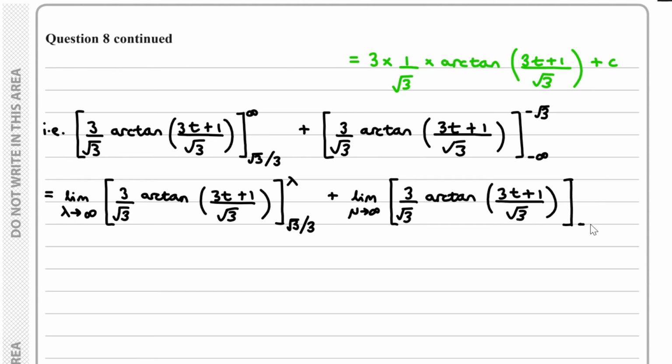And here we'd have minus mu, and here we'd have minus root 3.